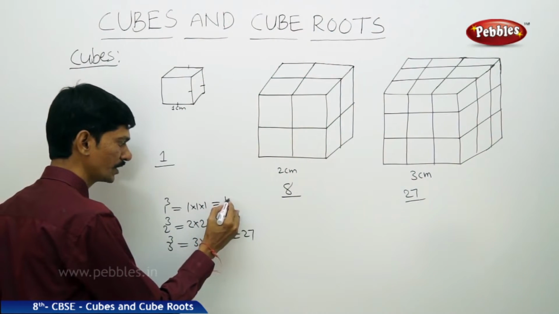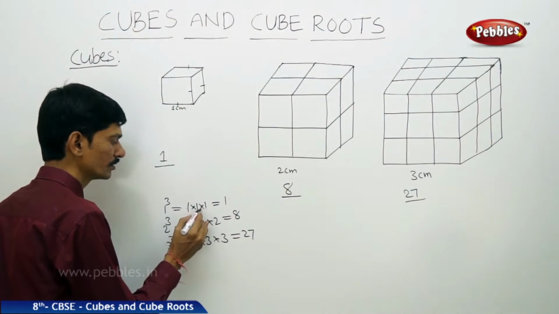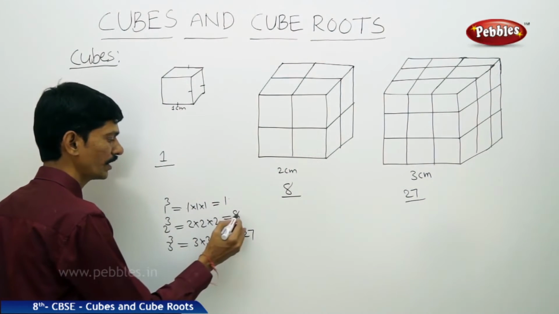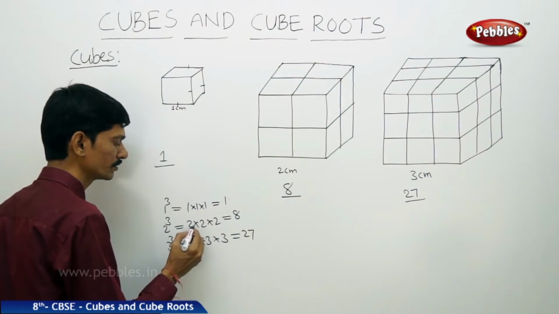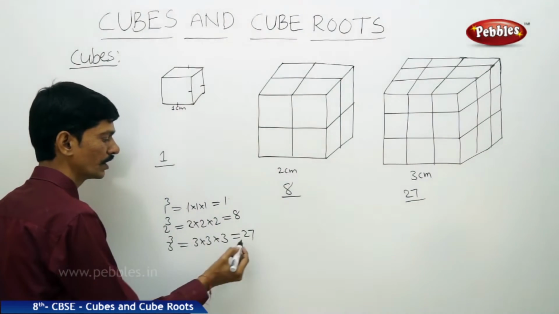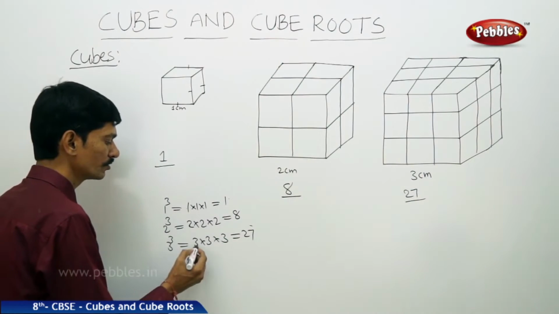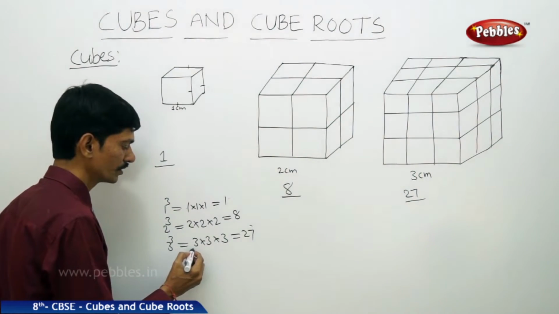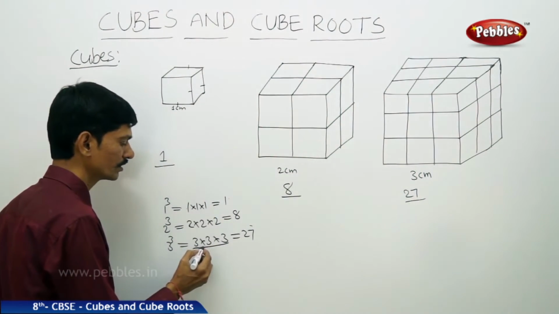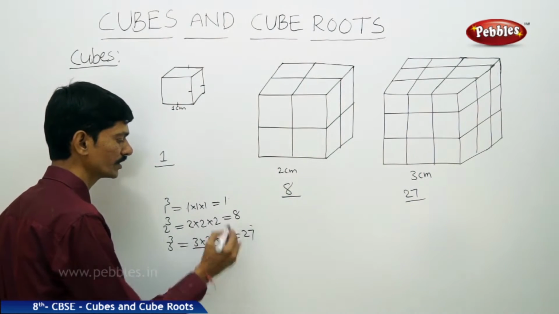Here 1 is obtained by multiplying 1 three times, 8 is obtained by multiplying 2 three times, and 27 is obtained by multiplying 3 three times. So if a number is multiplied by itself 3 times, then we get the cube of the given number.